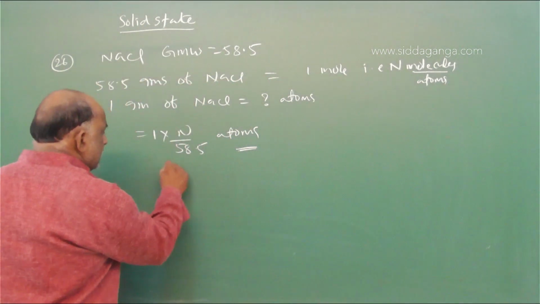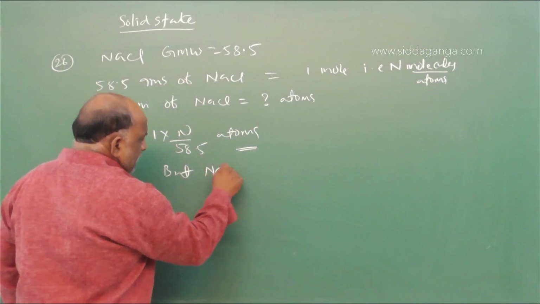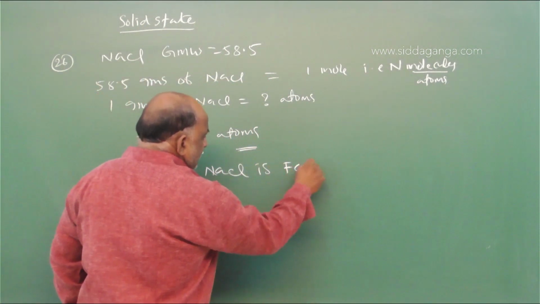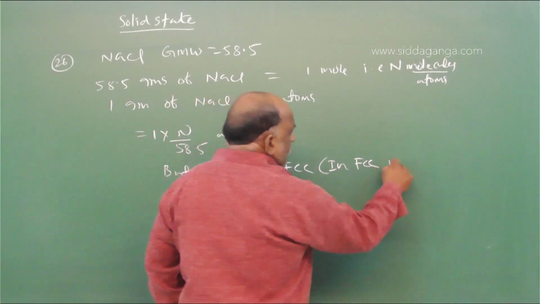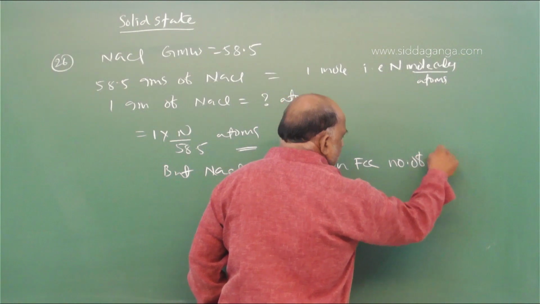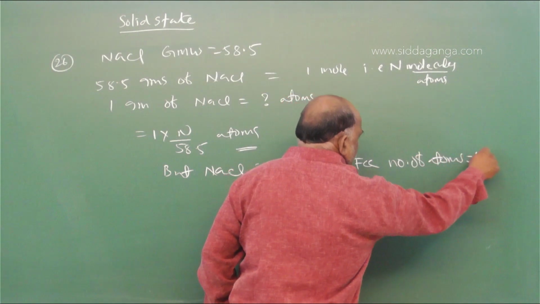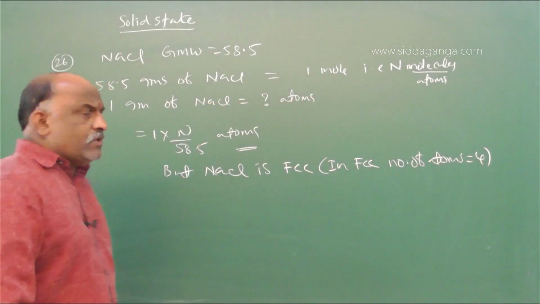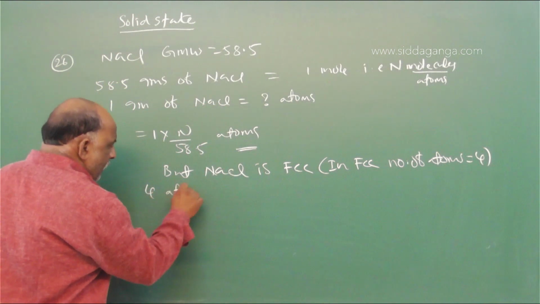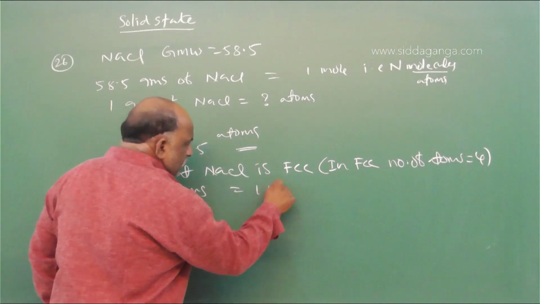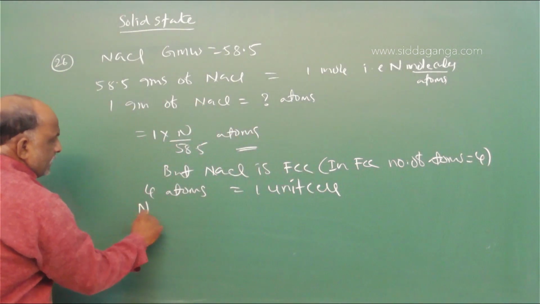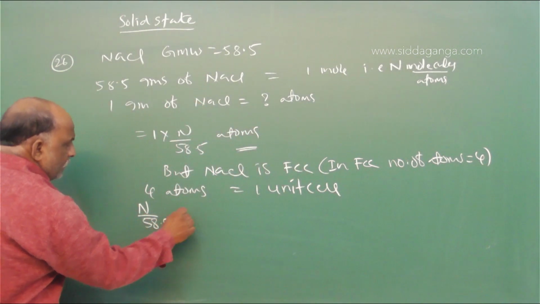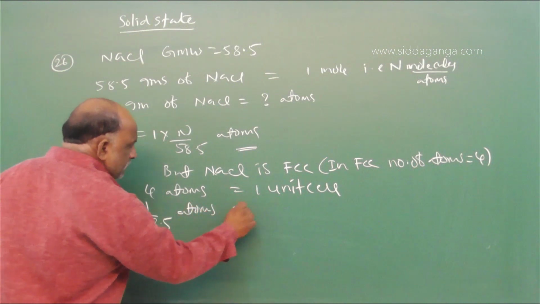But NaCl is FCC. In FCC, number of atoms is equal to 4. So 4 atoms is equal to 1 unit cell. Here how many unit cells will we get? N by 58.5 atoms is equal to how much?